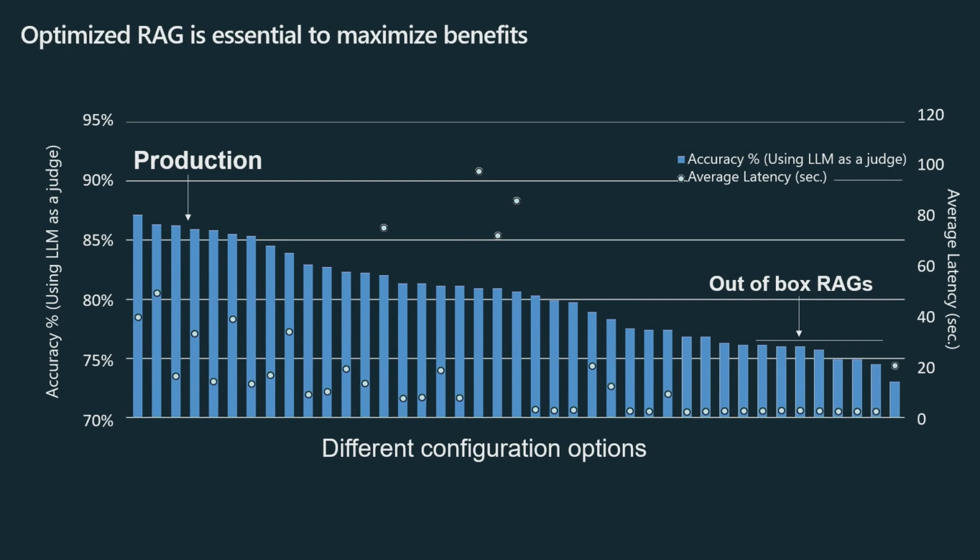Each one is a different configuration. What do we mean by that? It's a different chunking size, a different overlap. It might be a different embedding vector, a different re-ranker at the end, or hybrid search. It might have all sorts of stuff. Basically, any white paper that was out there, we tried it on these as we were learning this. Now, out of the box, you notice we were at about 76%.